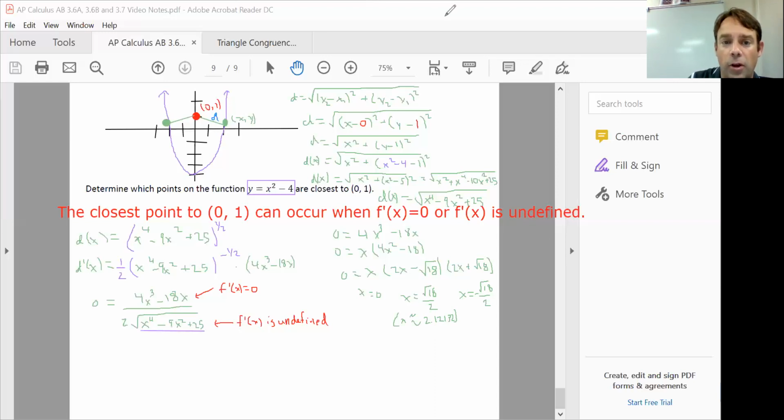All right. So I'm going to test our values here. I'll use black here to make it show up a little bit better. x equals negative root 18 over 2, and we're going to plug these in here. We're going to test the intervals to find out, do we have any relative maximum or relative minimum?